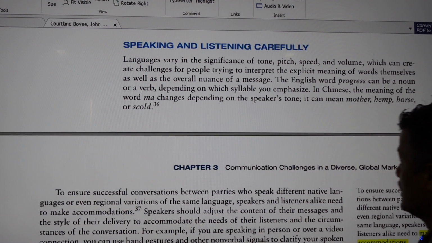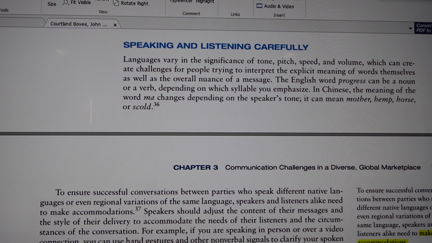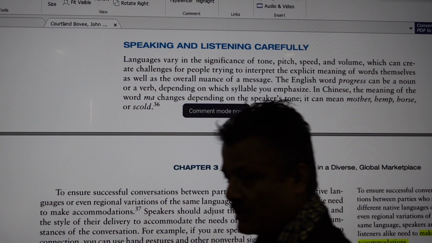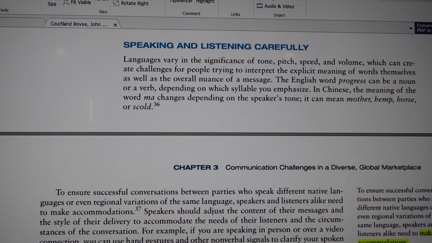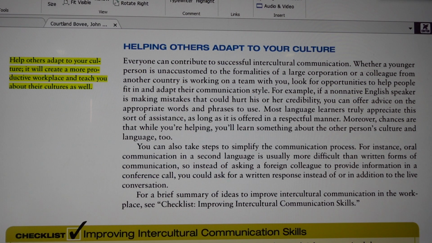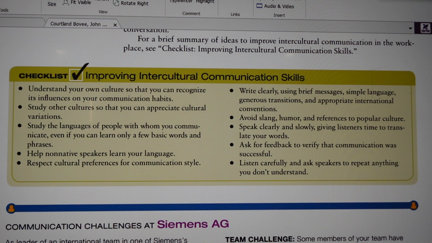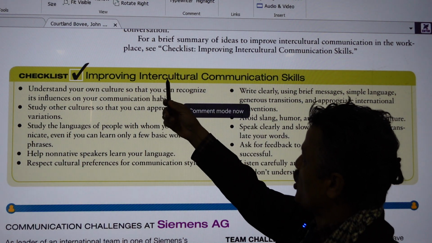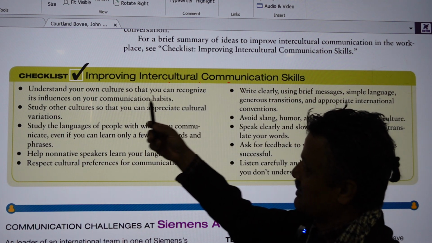Speak carefully and listen carefully. Okay? When you are in another culture, speak and listen very carefully. Help other people understand your culture. Here is a final checklist. Improving intercultural communication.